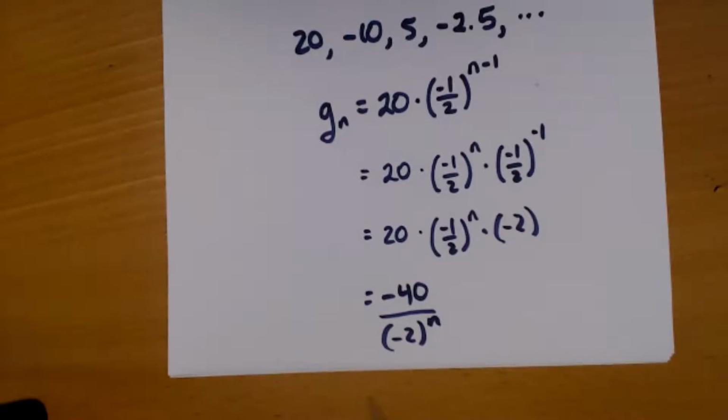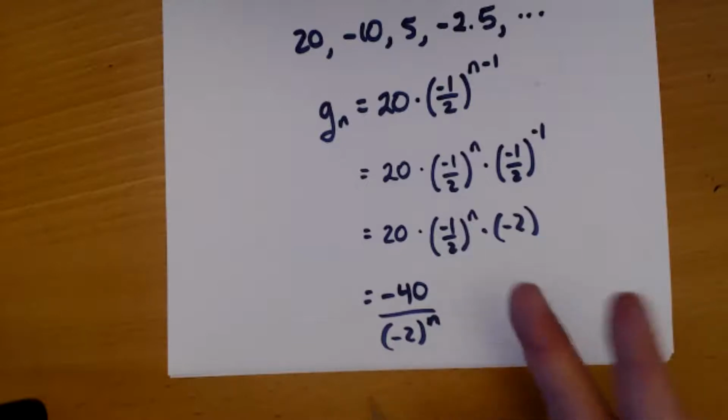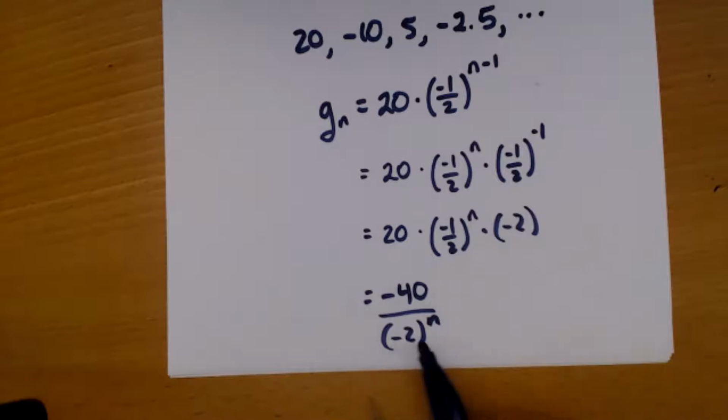Don't lose that negative sign. That negative 2 has to be wrapped in parentheses. Okay? Every time you see something flipping sign, you're going to be dealing with something negative inside an exponential, toggling back and forth.